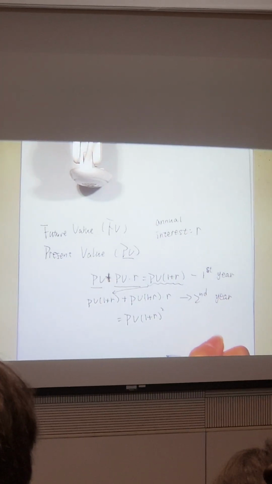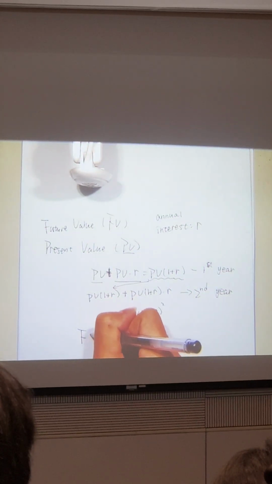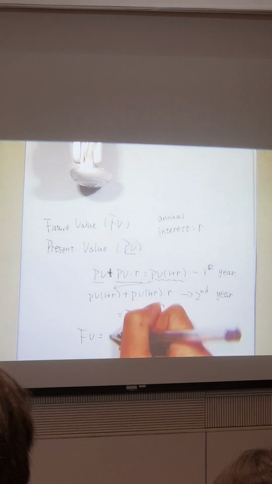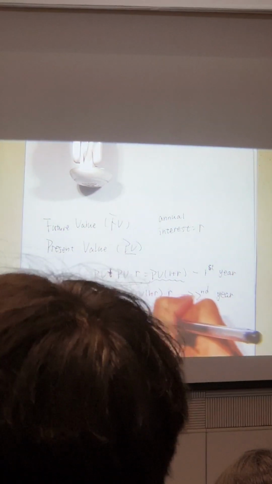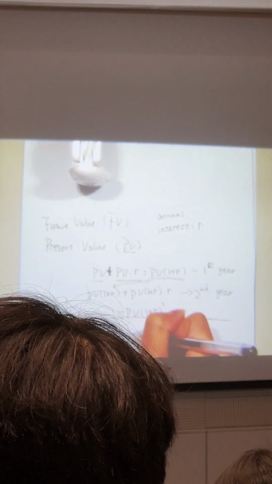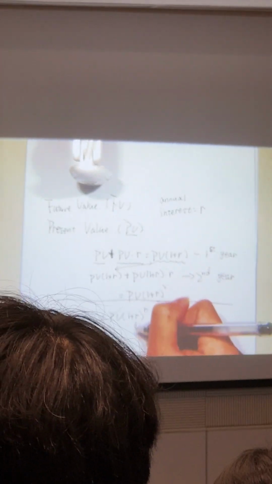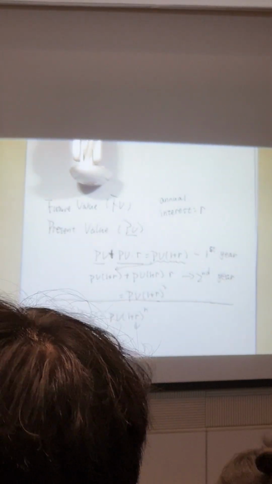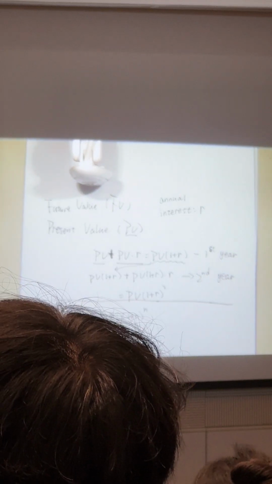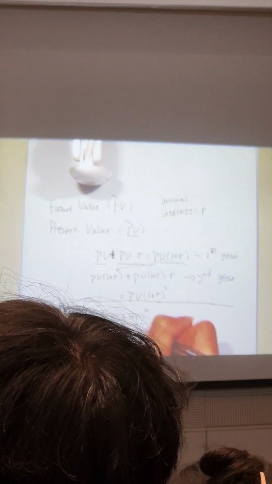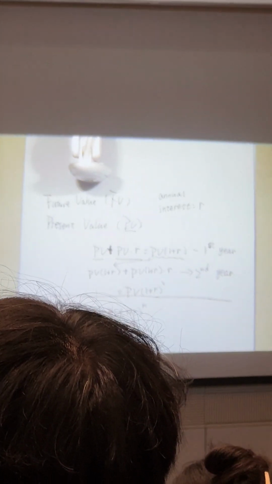So we can get a rule here. FV equals PV(1 plus R) to the power N, where N is the number of years and R is the interest rate. Okay, is that clear? So I want you guys to use this to develop an algorithm to calculate the future value.